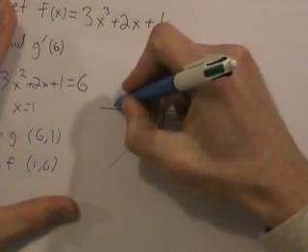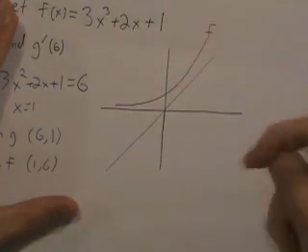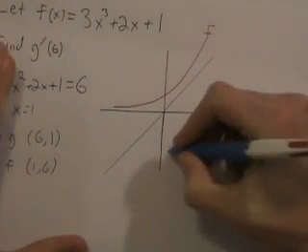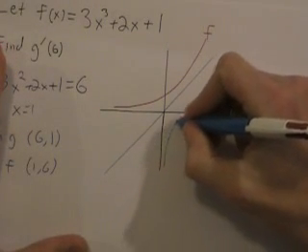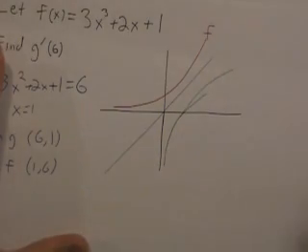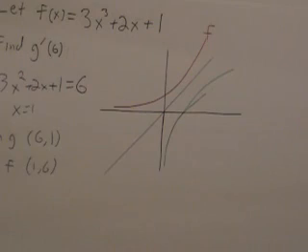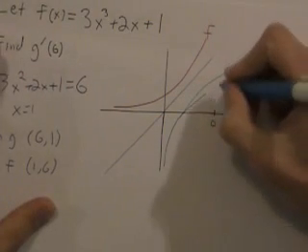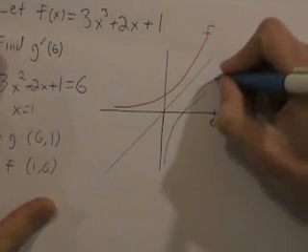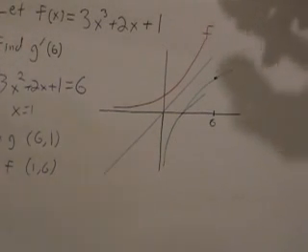So if this is a graph of f, and this would have to be the graph of g. Again, I'm using something simple here because I don't need to complicate it. But we are interested in g prime of 6.